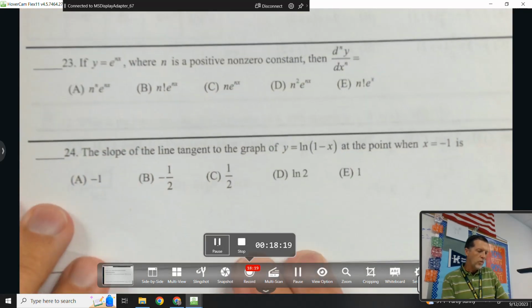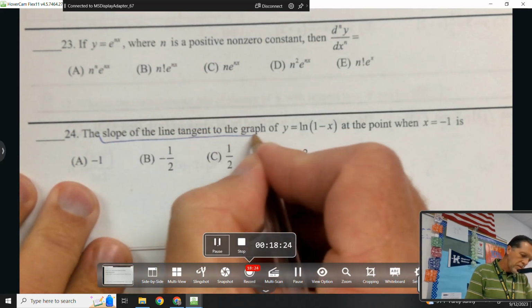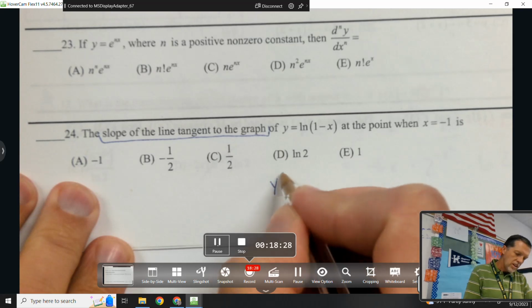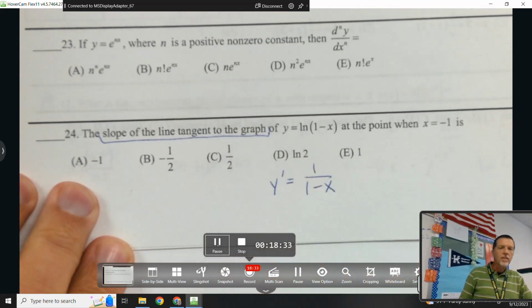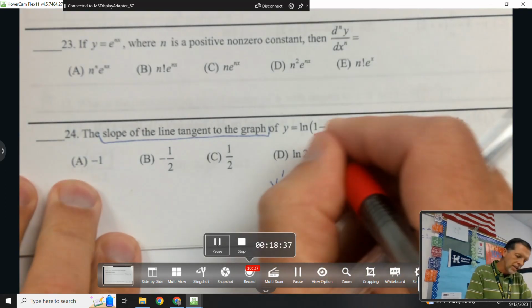Number 24. The slope of the line tangent to the graph, meaning take a derivative, when x equals negative 1. So y prime is 1 over 1 minus x. But chain rule, what's the derivative of 1 minus x?